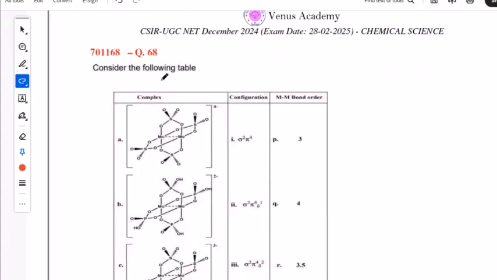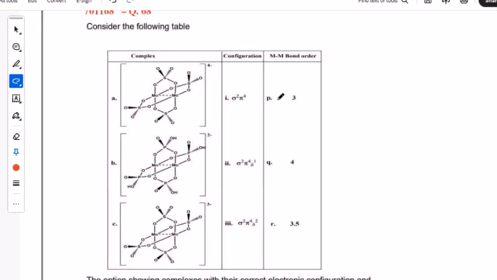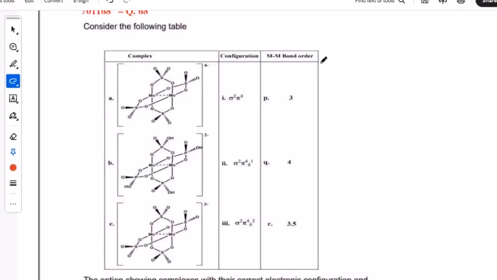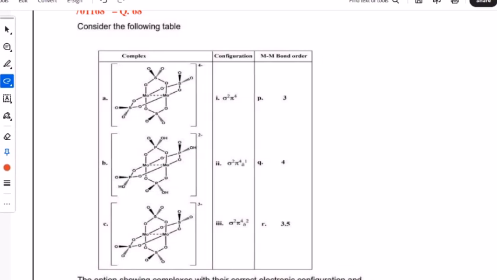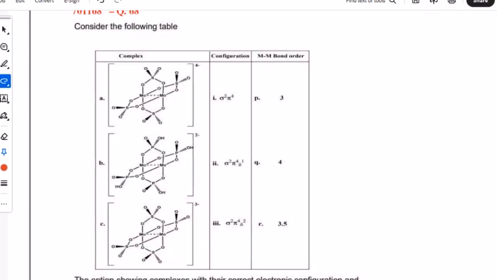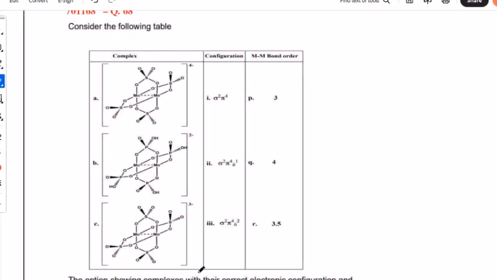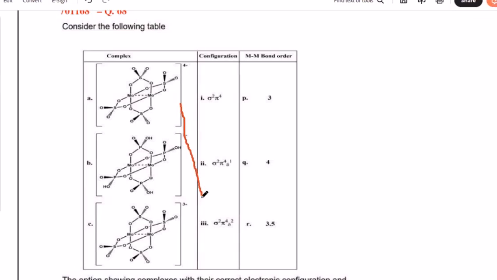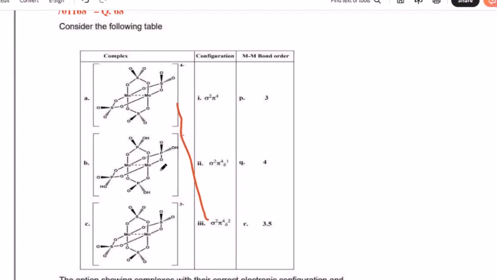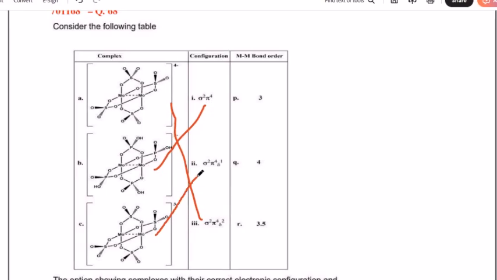Next, consider the following table. Here complexes are given with their configuration and bond order. Let us see. The options showing complexes with their correct electronic configuration and bond order are 3, 1, 2. So this is going to be 3 and this is going to be 1 and this is going to be 2.